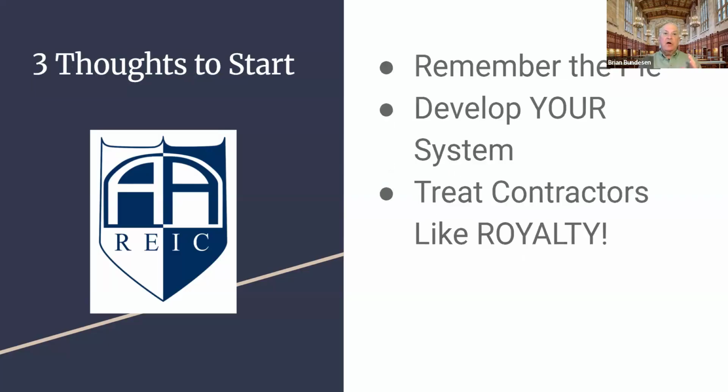All right. So three thoughts to start off with. Number one is remember the pie. So what's the pie? The pie I talk about in the exit strategy class and in the planning class. If you are doing a real estate transaction, that's an in and out transaction.